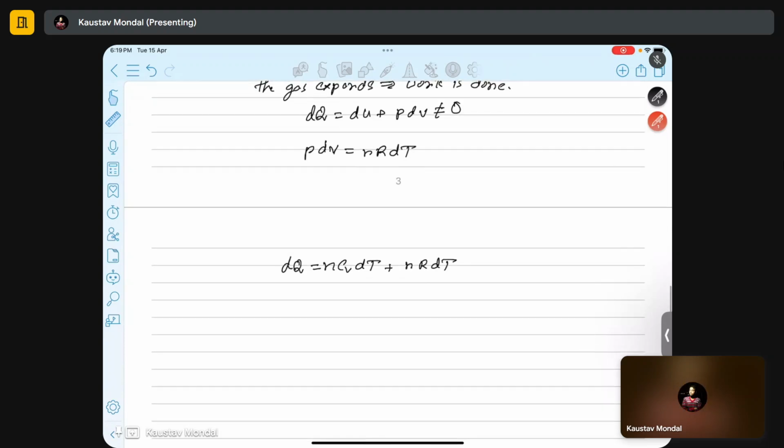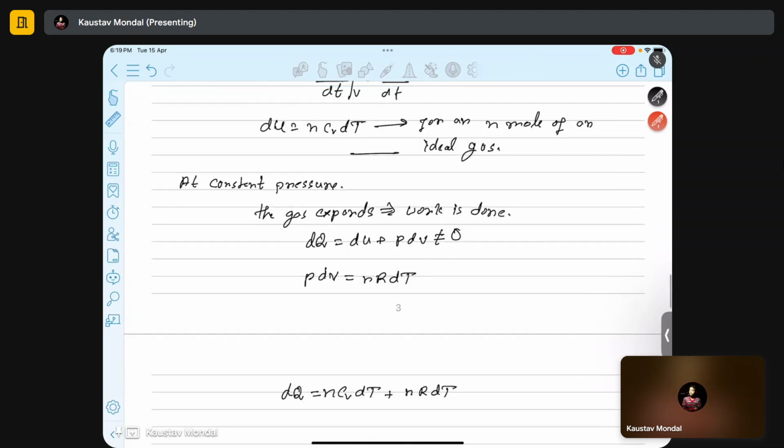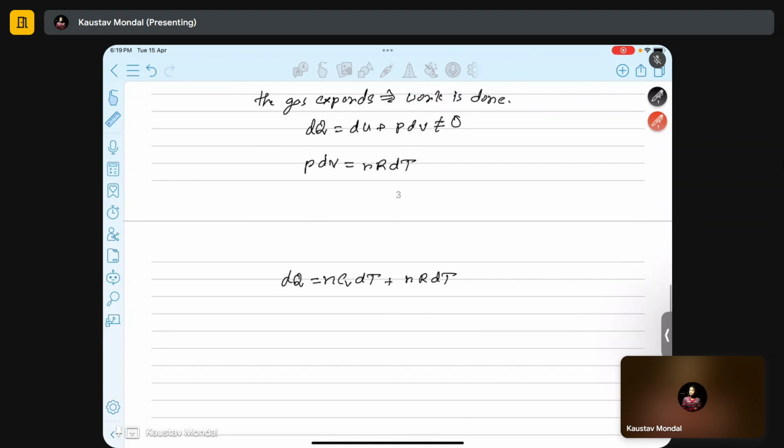We got nCv dT from the earlier equation, equation 1. Let's call this equation 2 and this one equation 3.